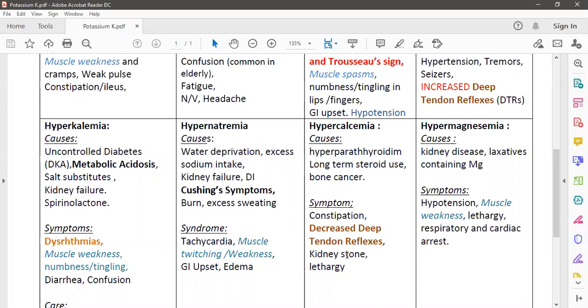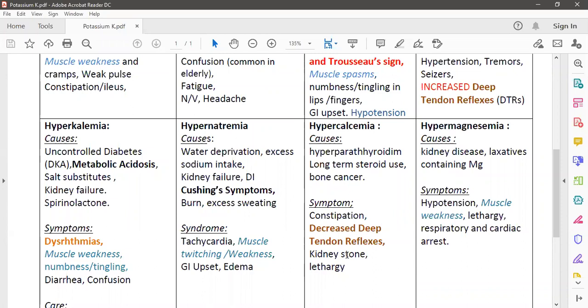Now the question comes, what are the nursing interventions? If my patient has hypercalcemia, we should increase the client's movement and exercise because immobilization can cause hypercalcemia. So encourage movement and exercise, and encourage oral fluids, if permitted, to dilute the urine.